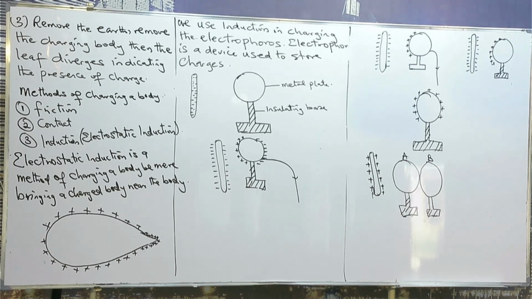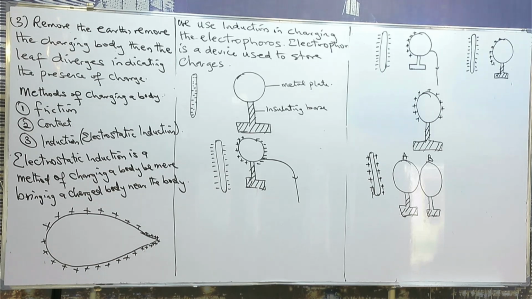Now, please, can somebody answer? Can you tell us the charges that will be formed in A and B? Please make an attempt. I said, what is the charges that will be formed in A and in B?